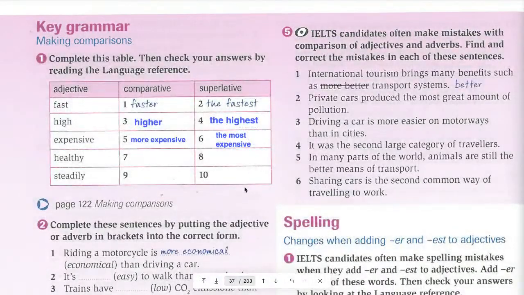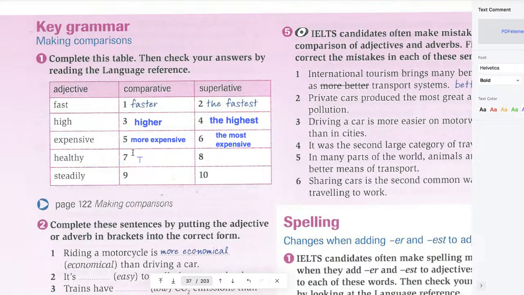Now, healthy. Comparative? Healthier. Yes, we have healthier. Okay, now the superlative form? Yes, the healthiest.